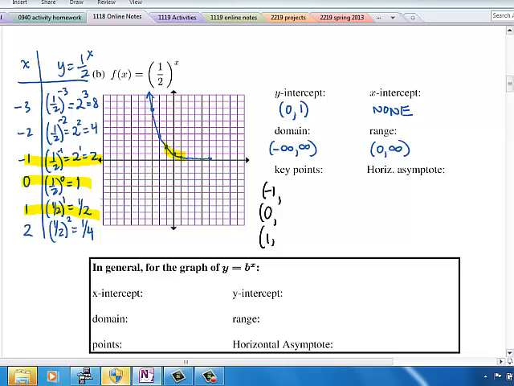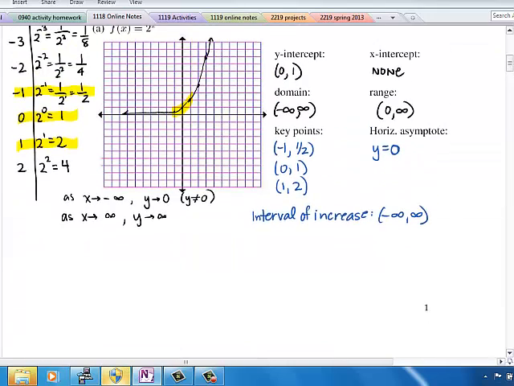This time if I put -1 on, we had 2, and then when x was 0 we have 1, and when x is 1 we had a half. Notice this pattern. 1/2 was the base. We always get 1 when the exponent is 0, and 2 is the reciprocal of the base. Which is the same as what we saw in the previous example.